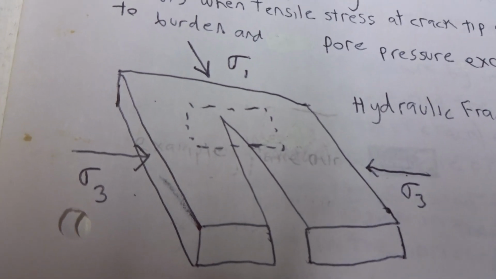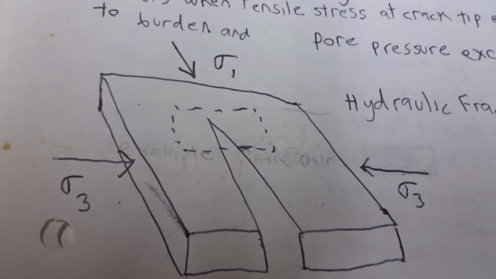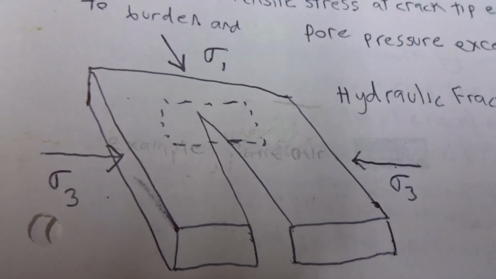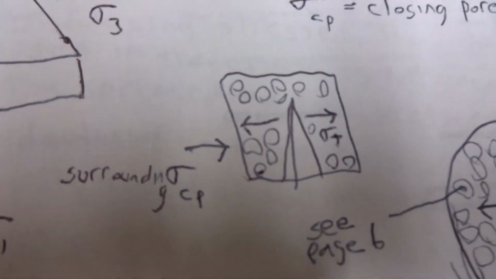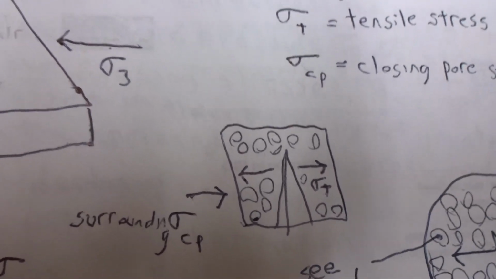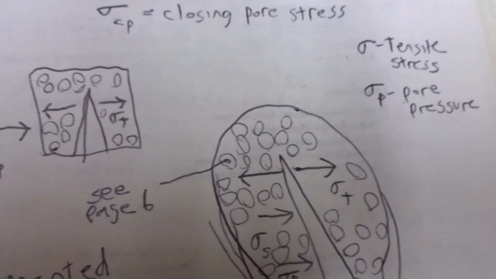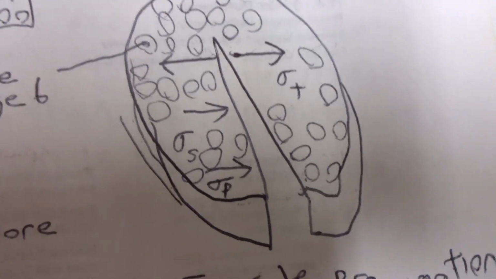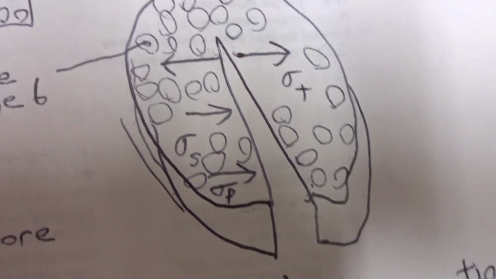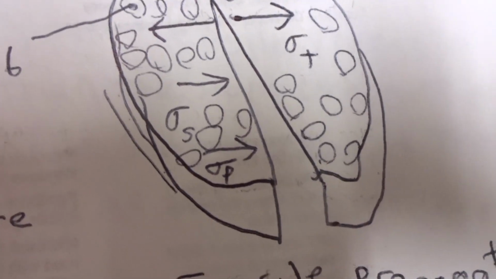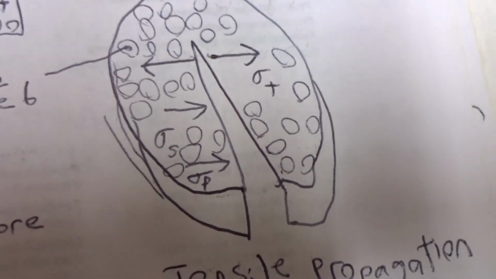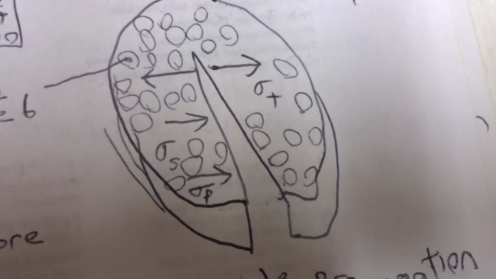Sigma sub CP is closing pore pressure. Tensile propagation of hydraulic fracture is driven when sigma sub T is greater than sigma sub G and sigma sub P.